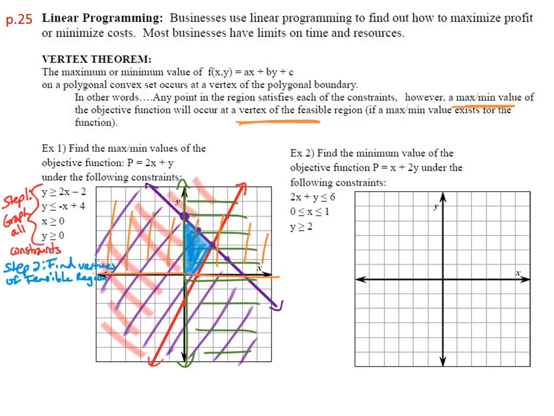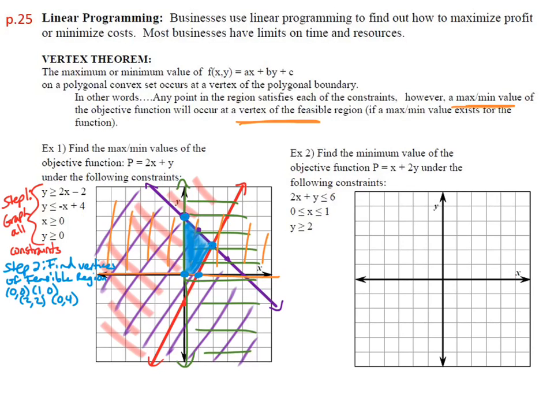Anything that's in the blue is a solution to our system of inequalities, but we're looking specifically at these points where all of our inequalities overlapped. So we want to take those vertices, or those points, of (0, 0), (1, 0), (2, 2), and (0, 4).